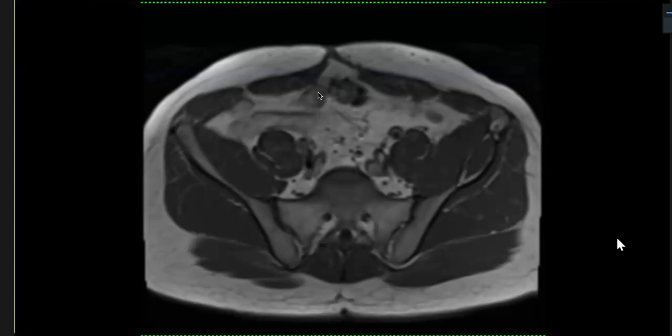The management would be conservative, most likely, in this case. However, I would like to see the previous records and also to see any multifocality, if this is associated with other bone lesions.